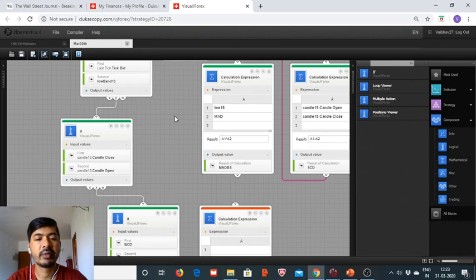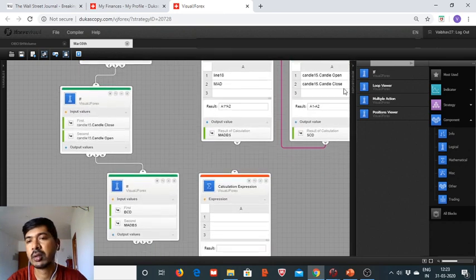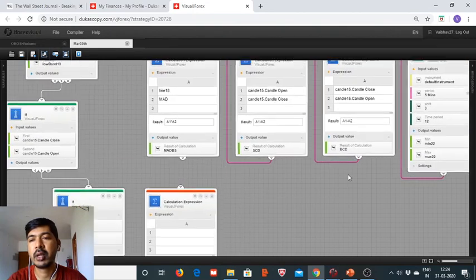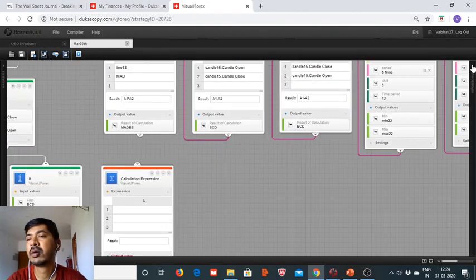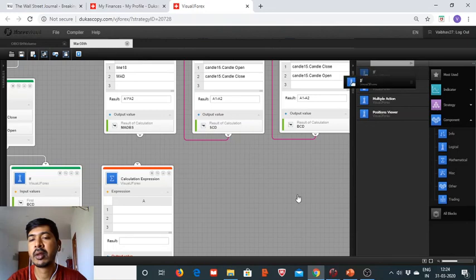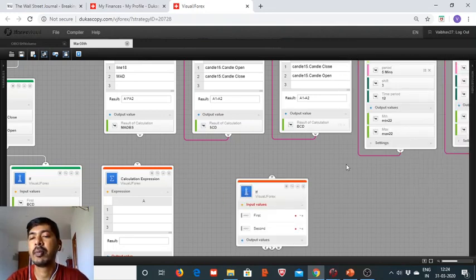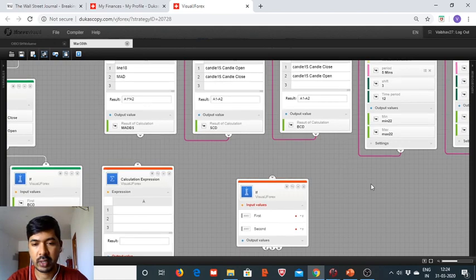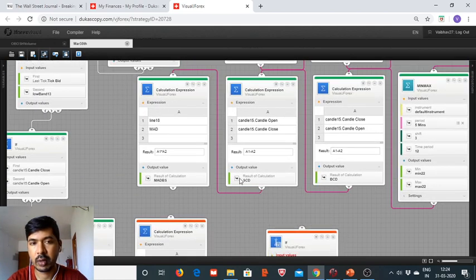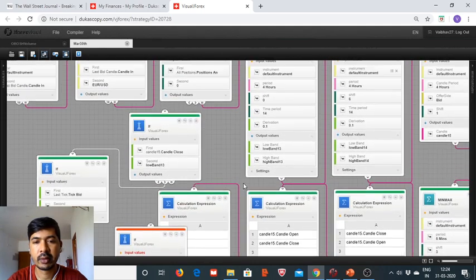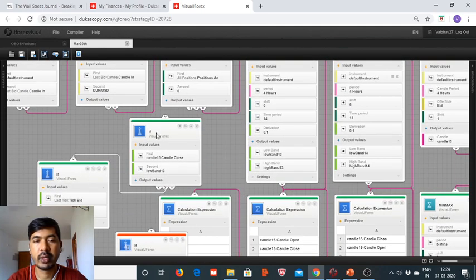So far we have defined the four conditions. Now we will also need to check for the current EMA envelope bands and the prior EMA envelope bands, and we want it to be pretty clear.